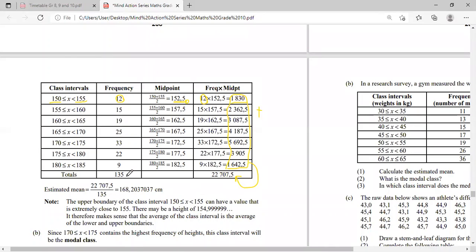Then you have the frequency total here. The estimated mean is the sum of the frequency multiplied by the midpoints over the total number, and you get your answer.